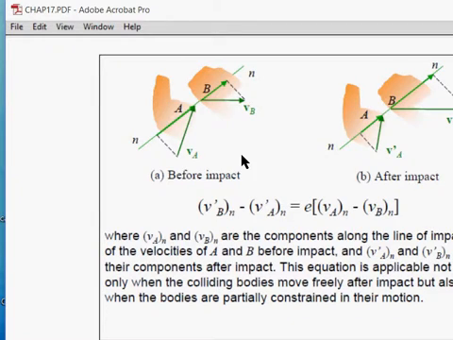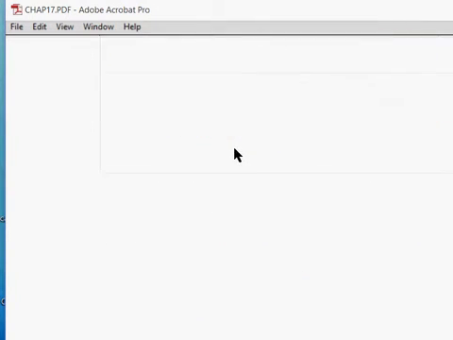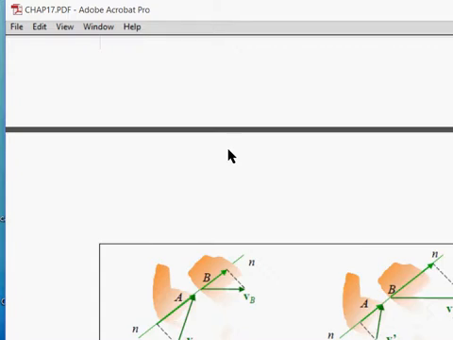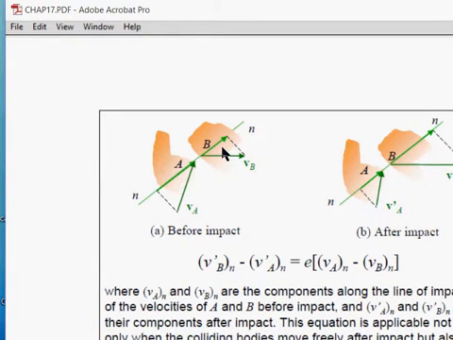How is the collision, elastic or plastic? Elastic meaning bounce completely and energy is conserved. Inelastic means all deformed, all energy lost. So those are basic principles for the kinematics of a system of particles with contact forces.